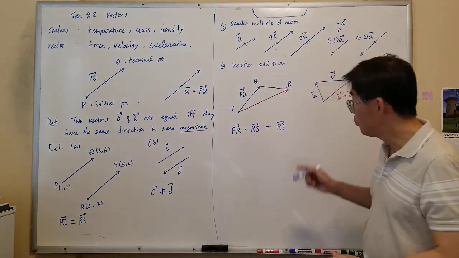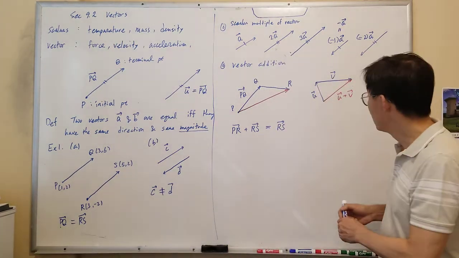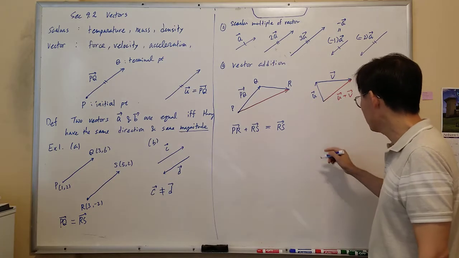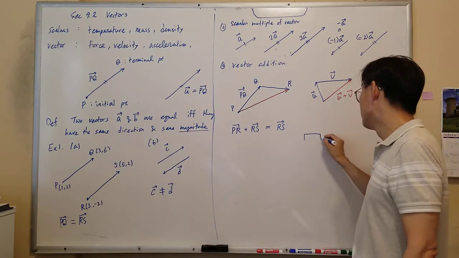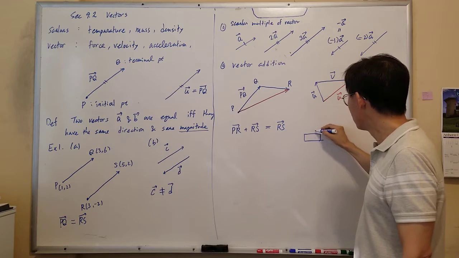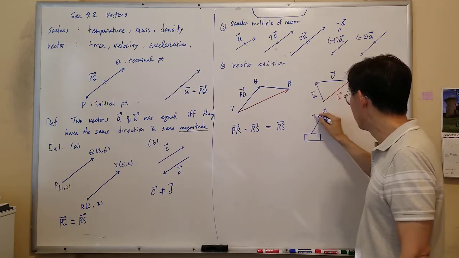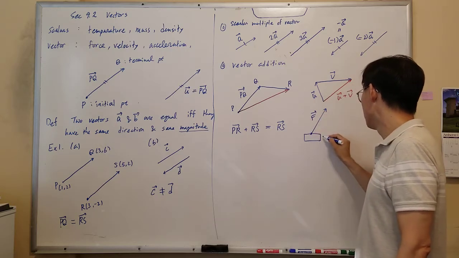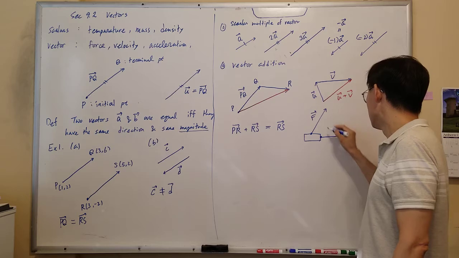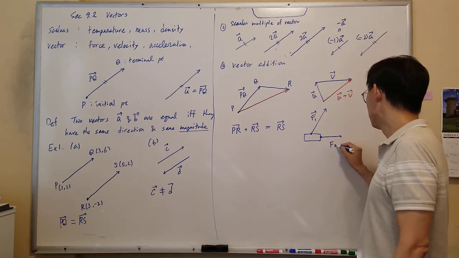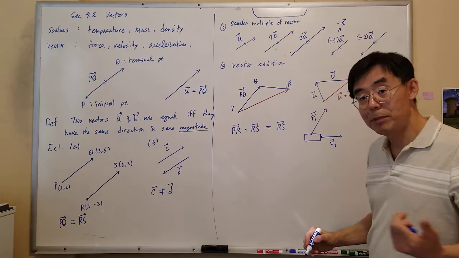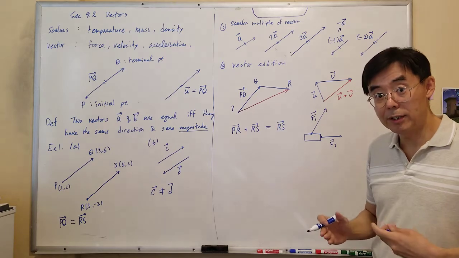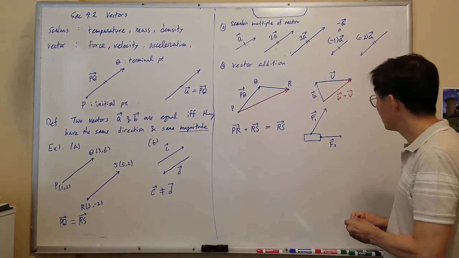This is the way 2 forces act. So let's say you apply a force, one of them this way, F1, and you apply a force over here, F2. Then what would be the net resultant force?